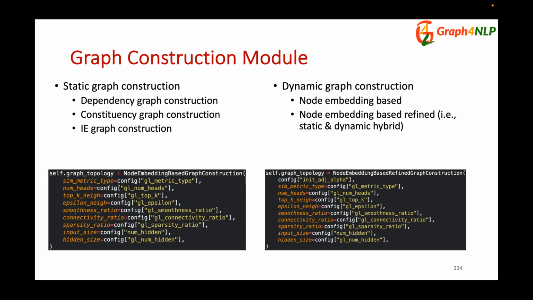There are also regularization parameters like the smoothness ratio, connectivity ratio, and sparsity ratio, which can be used to control the quality of the learned graph structure. For the node embedding based refined graph construction API, one additional parameter we introduced is init adjacency alpha. This is a hybrid parameter which can be tuned to keep a trade-off between the intrinsic static graph and the implicitly learned dynamic graph.